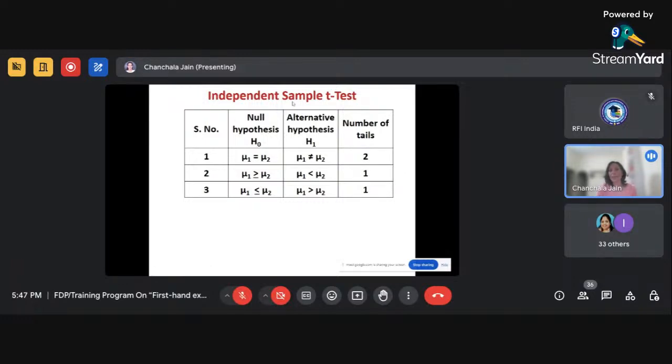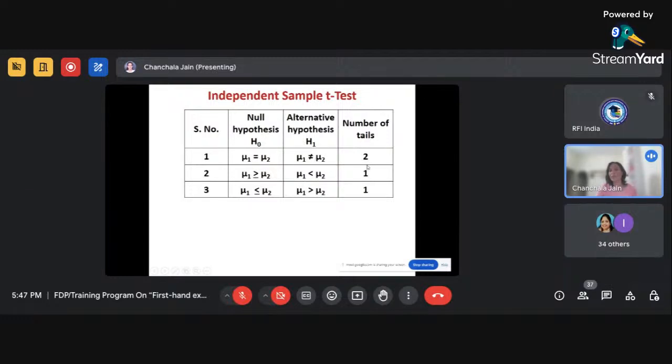Generally our hypothesis says mu1 equals mu2, where mu1 is the population mean of the first population and mu2 is the population mean of the second population, right? So in the null hypothesis we say mu1 equals mu2. Alternatively, we say mu1 is not equal to mu2. It can be that mu1 is either greater or less than mu2, but we are only indicating mu1 is not equal to mu2.